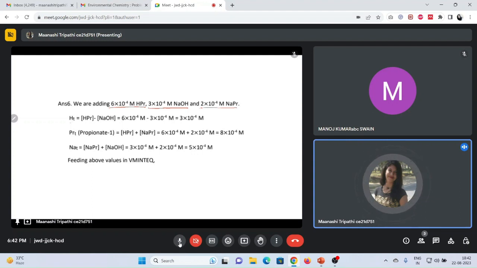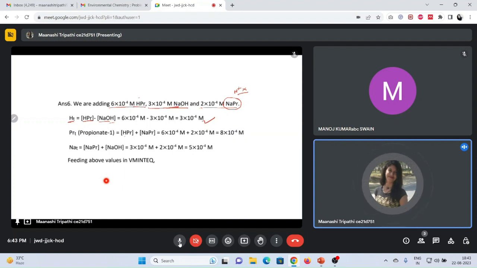So what is the total hydrogen concentration? First we are adding HPr, then we are subtracting NaOH, and in NaPr no H plus is there. That's why in this equation we are not putting NaPr. So this is what we got, H plus. Then propionate, how much is there? HPr we are adding.